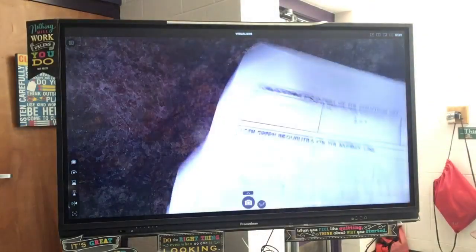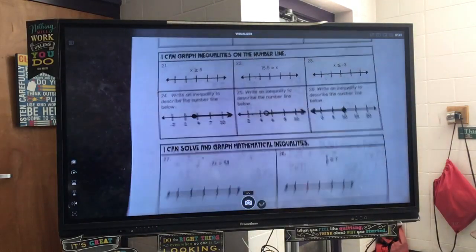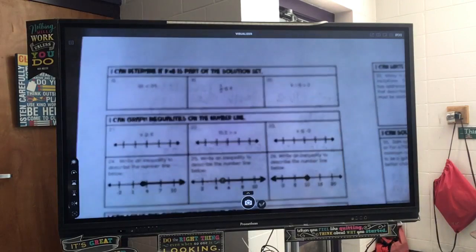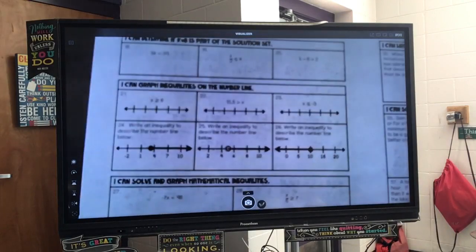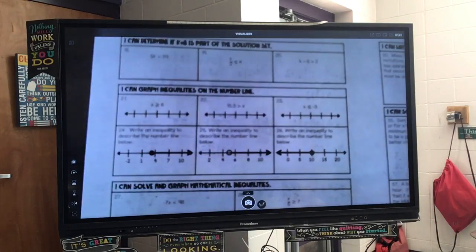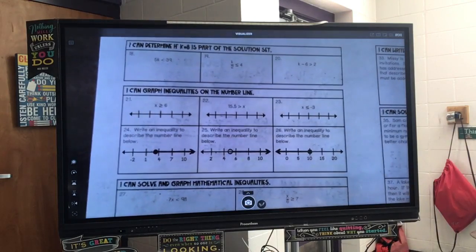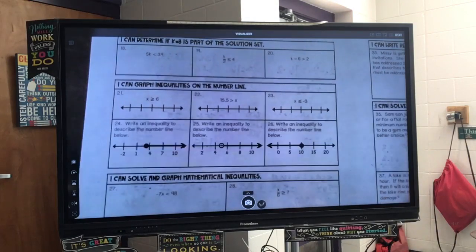Alright, flip the page over. How many of you guys got to the back side? That's okay. You might have a few problems for homework tonight, but hopefully you won't have too many.